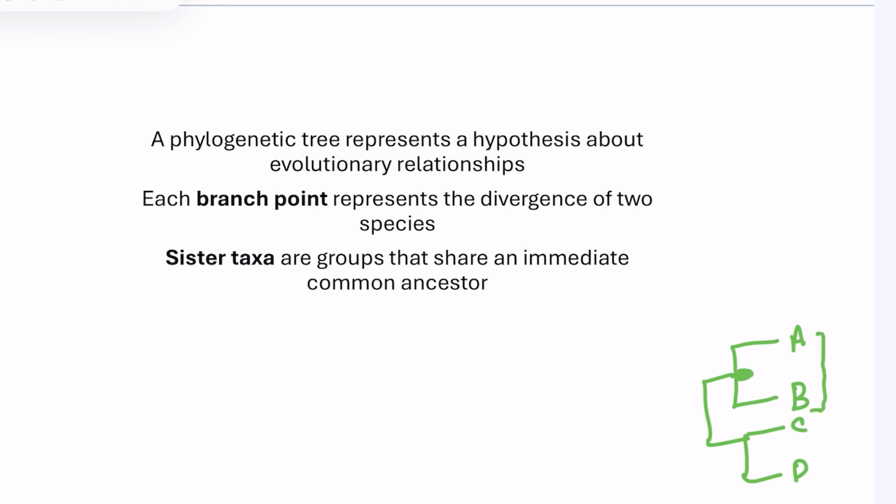Each branching point represents the divergence of two species. So this point represents the divergence of A and B. These two species are called sister taxa, which diverged and emerged from this common ancestor. This is the common ancestor.